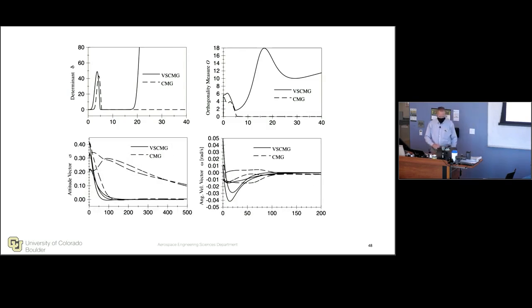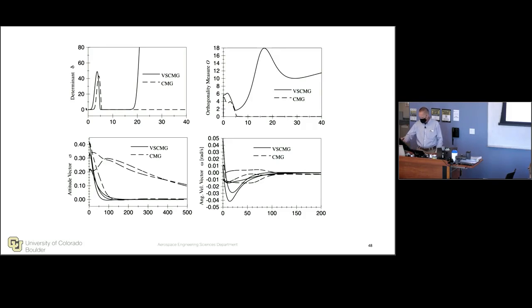If we look at the attitude history, we start out at the same orientations. Solid lines are the VSCMGs, dashed are the CMGs, and you can see we start to stabilize. This starts to come way down, this gets slightly bigger but then starts to come down, and there are others that overlap with the solid lines.